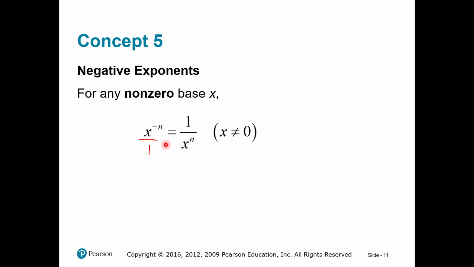And so the 1 now goes to the top, the x now goes to the bottom. But once you flip, you no longer have the negative exponent, you now have the positive exponent. Now, because this is a division, we don't want our x to be 0.